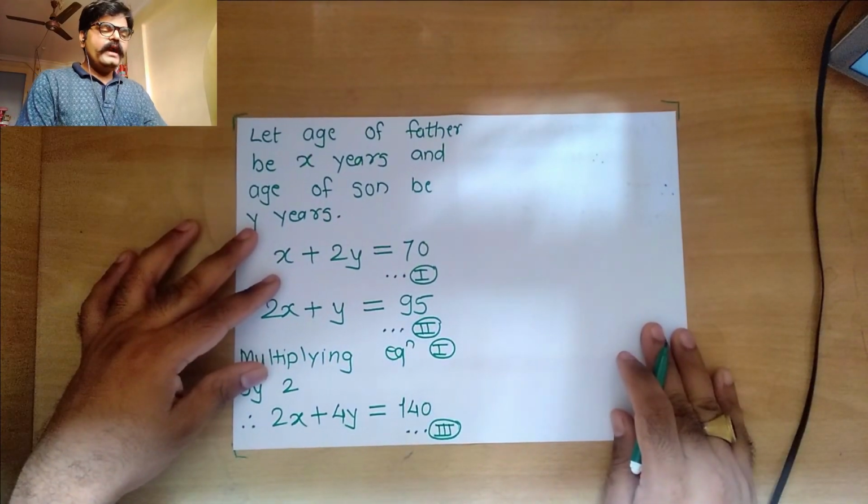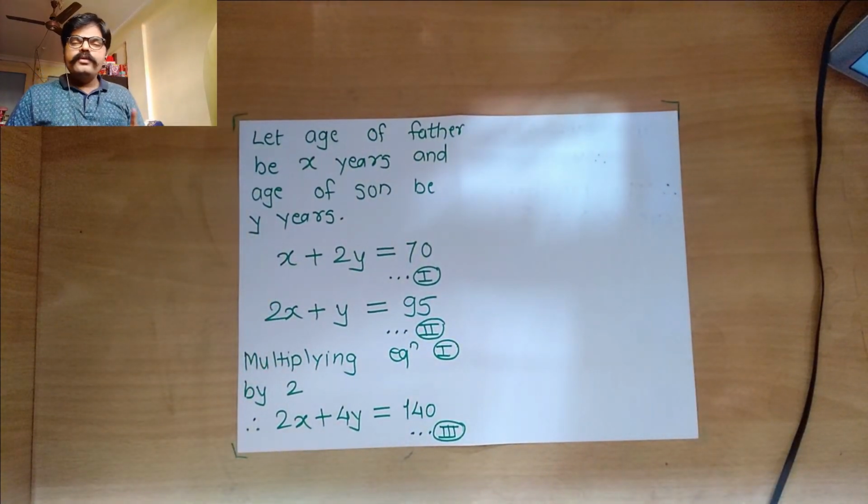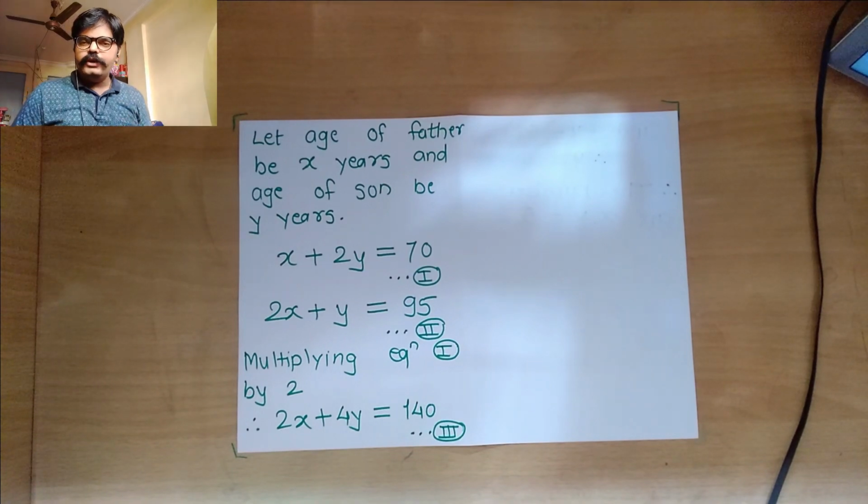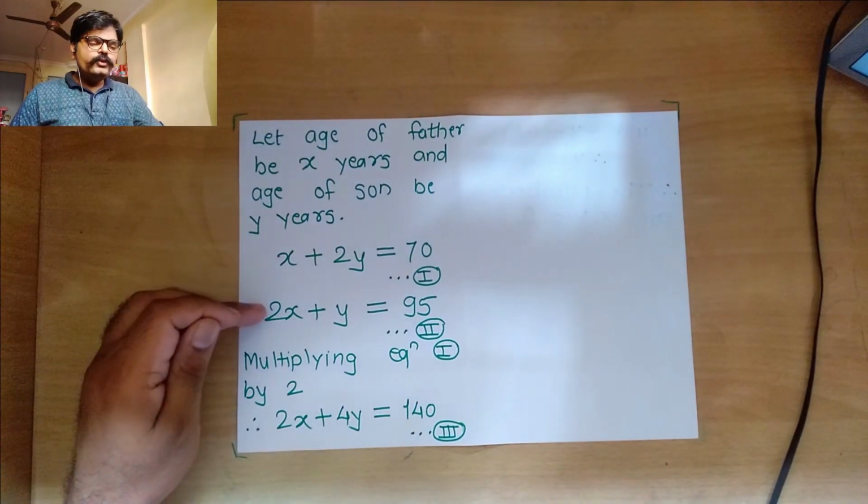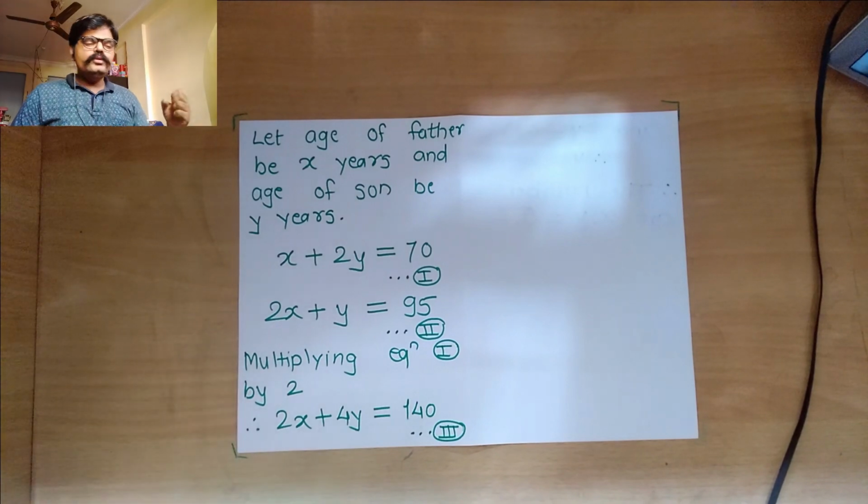Okay, so now we have total 2 equations. We are going to solve equation number 2 and equation number 3. So we are going to subtract equation number 2 from equation number 3.